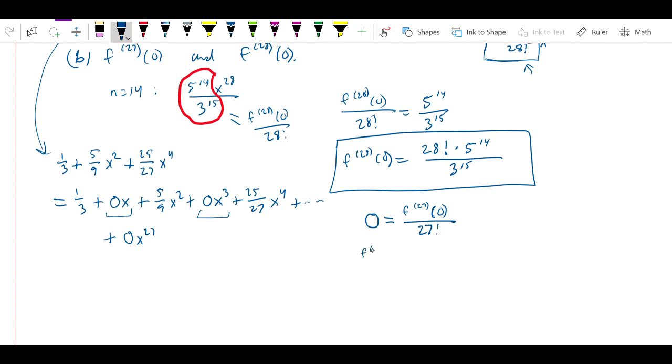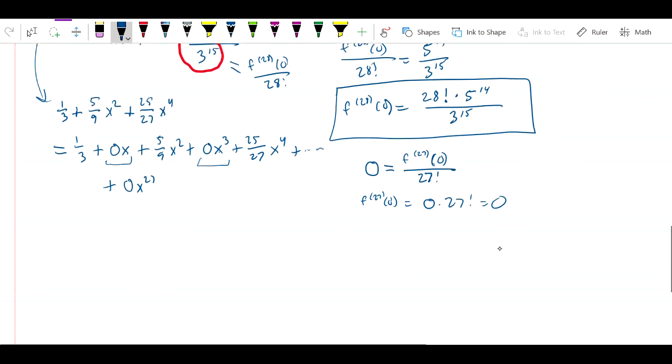That means that f 27 of 0 is equal to 0 times 27 factorial, which is just 0. So the answer is that f 27 of 0 is equal to 0. So there's our two answers to part B.